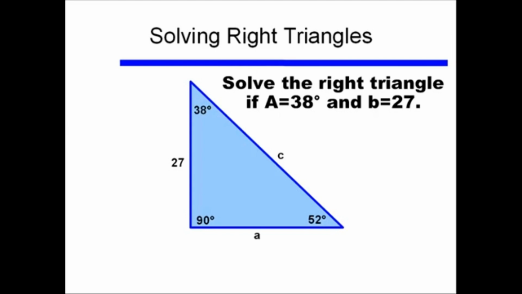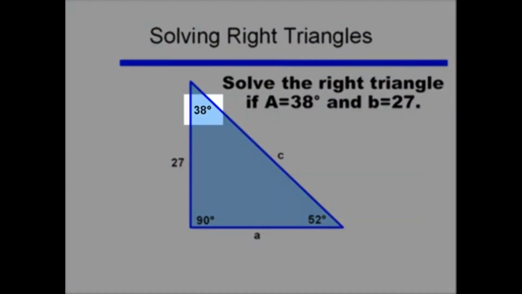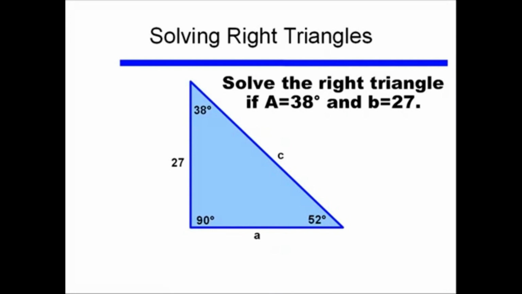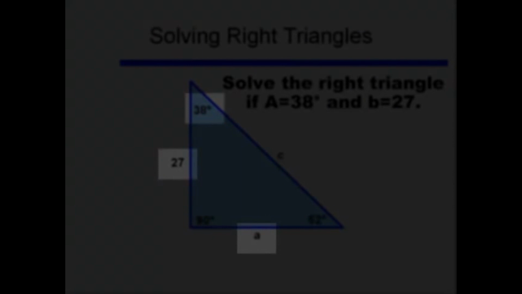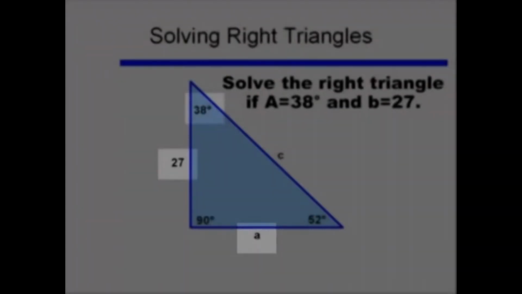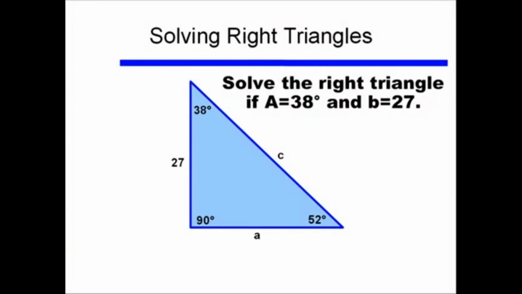Well, hopefully we haven't forgotten that we know a little bit of trigonometry now. And if I know one angle is 38 degrees, and say I want to find that side a, I have an angle of 38 degrees, and I also have the side of 27. So what trig function has an opposite side and an adjacent side?